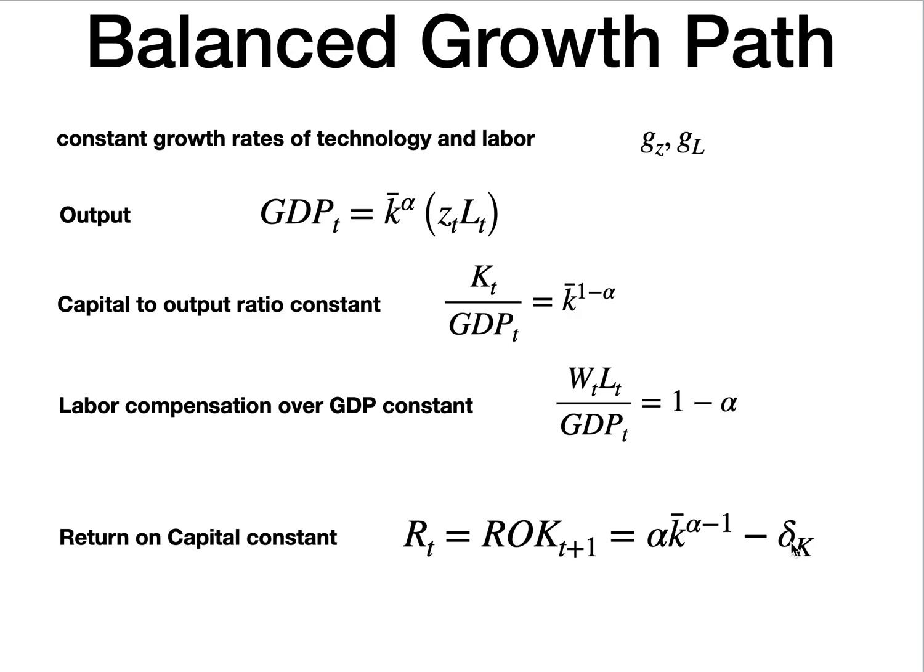I'll mention as an aside that some of these basic facts, like the labor share being constant, or concerns about is the real interest rate changing over time, raise questions about, are we still on a balanced growth path? Is there some change of parameters? What's going on? There's a lot of active research about this.